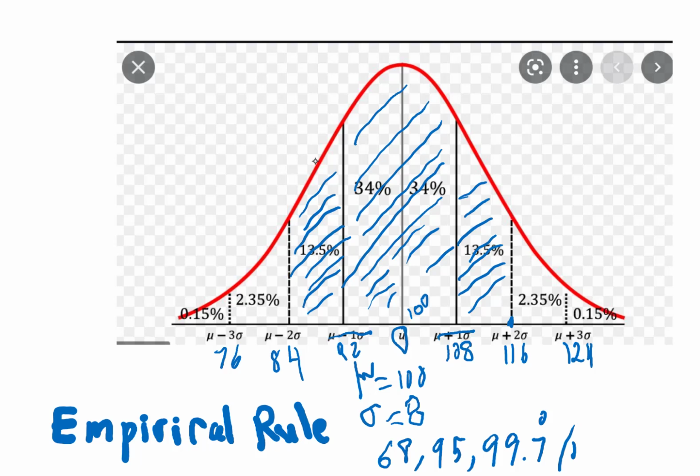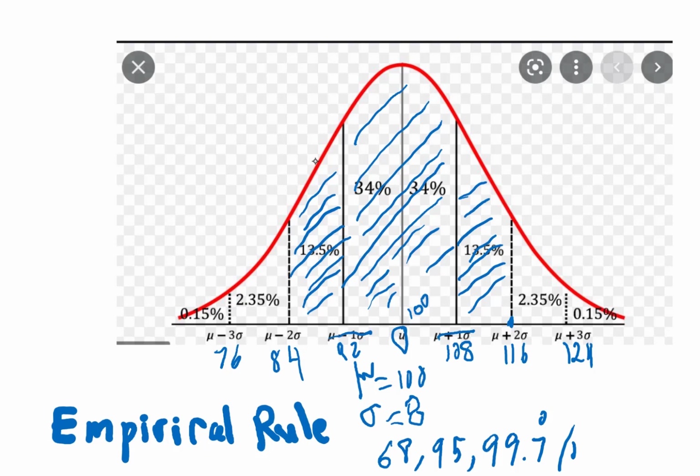And the questions that you should expect, for example, on the test, I will give you the mean, I will give you the standard deviation, and ask you what percent of the values fall between 76 and 124. You go to 100, you add 8 three times, you get 124. You subtract 8 three times, you get 76, then you know the answer should be 99.7%.